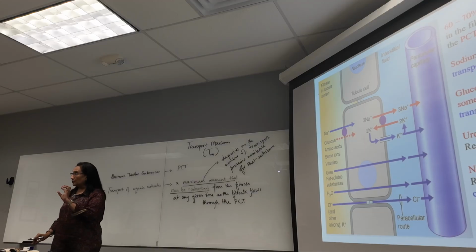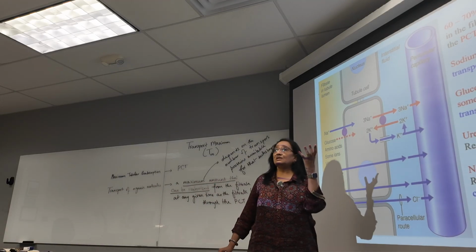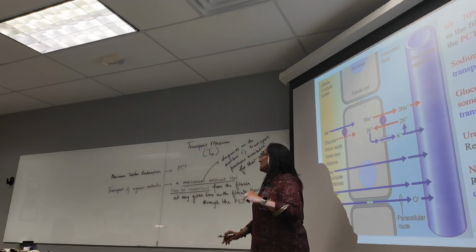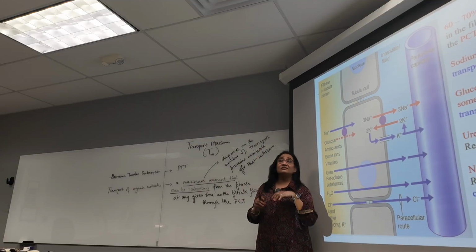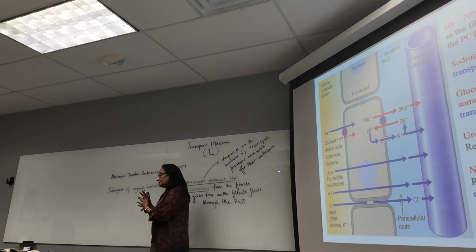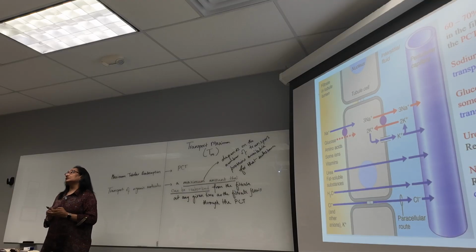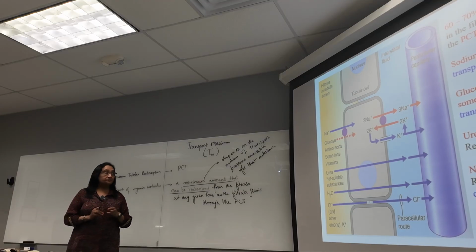So there is a transport maximum for glucose, there is a transport maximum for a vitamin, for different amino acids, there is a transport maximum, and there is a way to calculate it also. Okay, if you go deeper into urinary physiology, you can actually calculate the transport maximum. Okay.